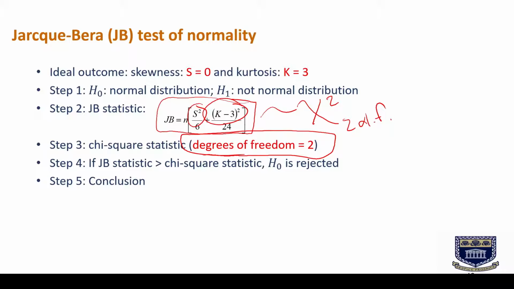And then in step 3, you look up the critical value in the chi-square table, and then you compare the test statistic to the chi-square value that you looked up, and depending on the outcome, H0 is either rejected or is not rejected. Okay, so let's look at an example of this.